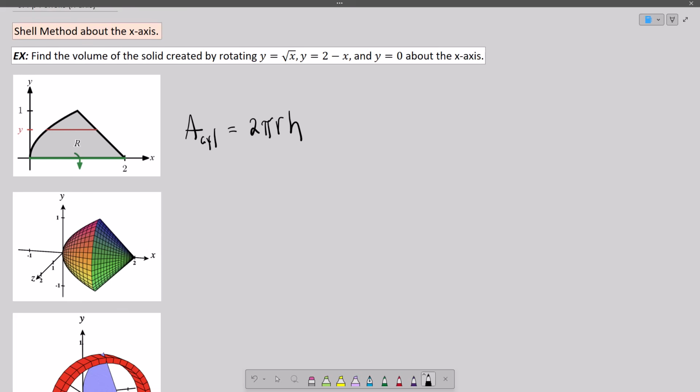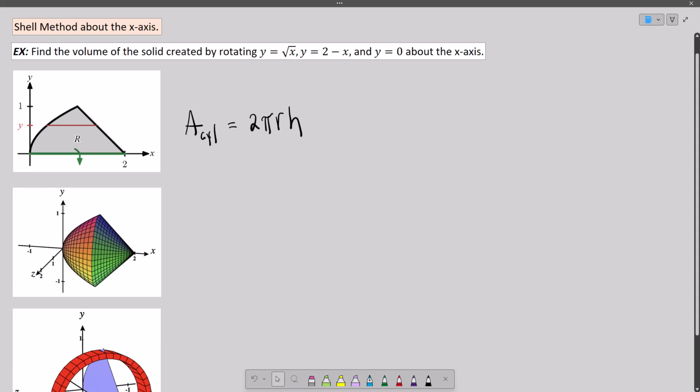That means when we replace our generic r and our generic h, they need to turn into expressions that have y's, not x's. If we're going to have a dy in the end, the r and the h have to be y's, cannot be x's. So let's start figuring this out.